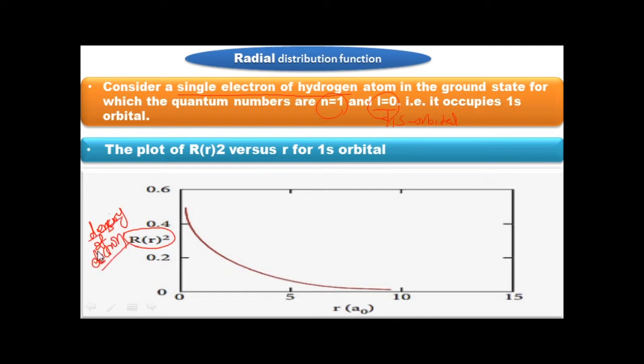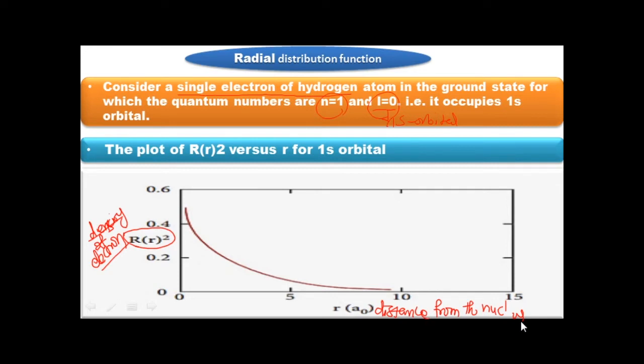This is the density of the electron. What is r? r is the distance from the nucleus.